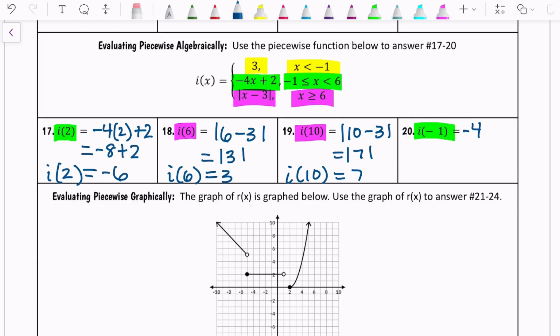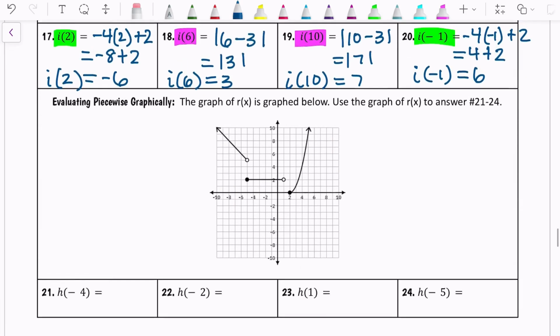So I have -4 times -1 plus 2, which gives me +4 plus 2, which is 6. If I had been given something like I of -2, which would be less than -1, then the answer would be 3. So that's an example of when the top rule would have been used.